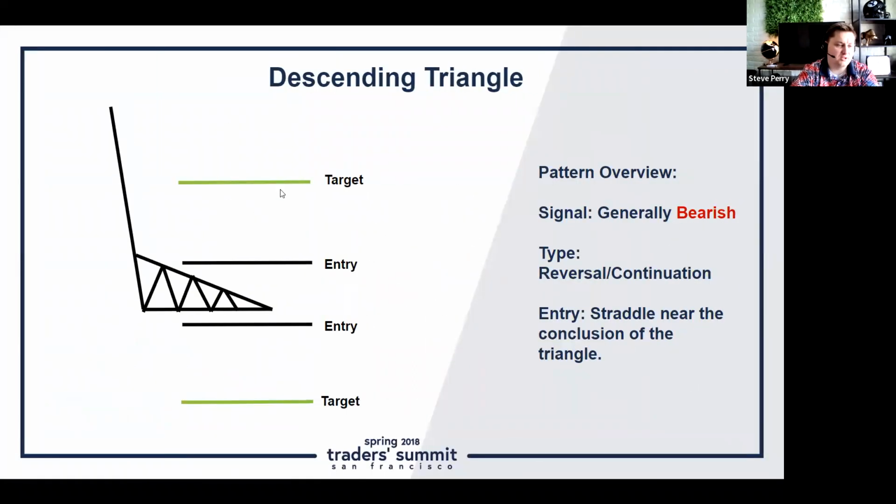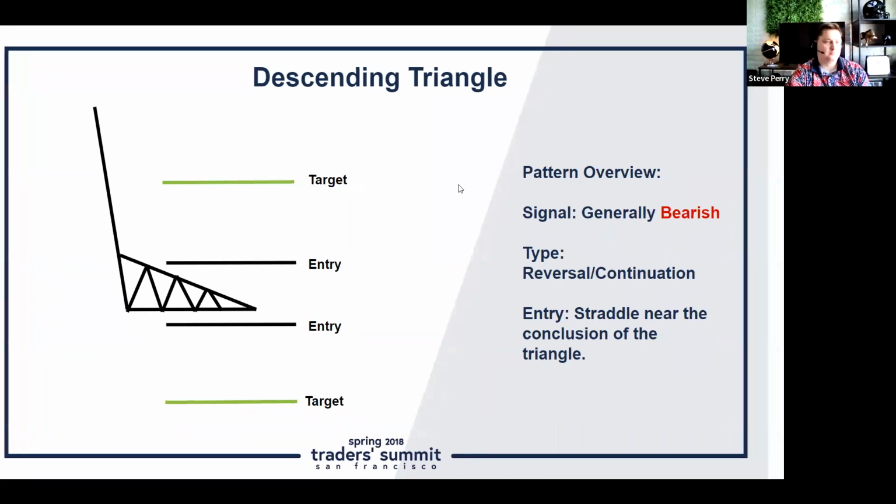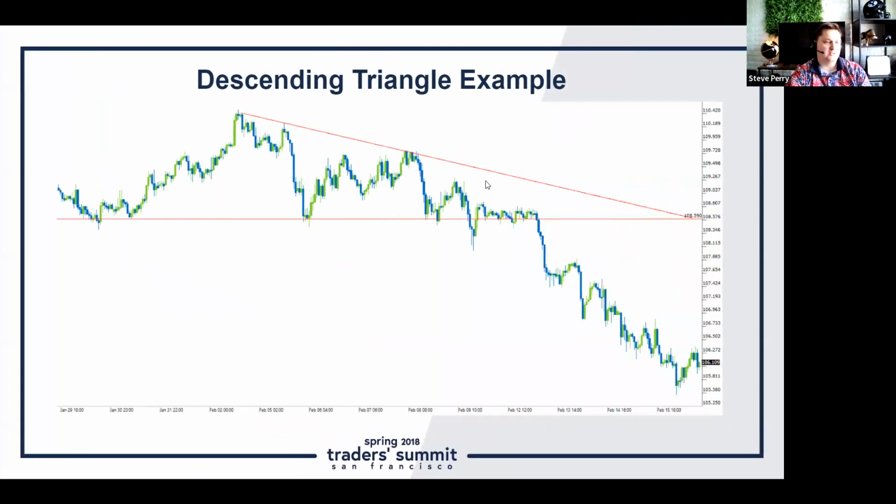Descending triangle is the same thing, just on the opposite side. You get a market that pushes down, and then you get a compression with a horizontal line holding it up, and then it compresses into that horizontal line slowly, and then ultimately has to break. Here is a beautiful example. This one is already pushing down.